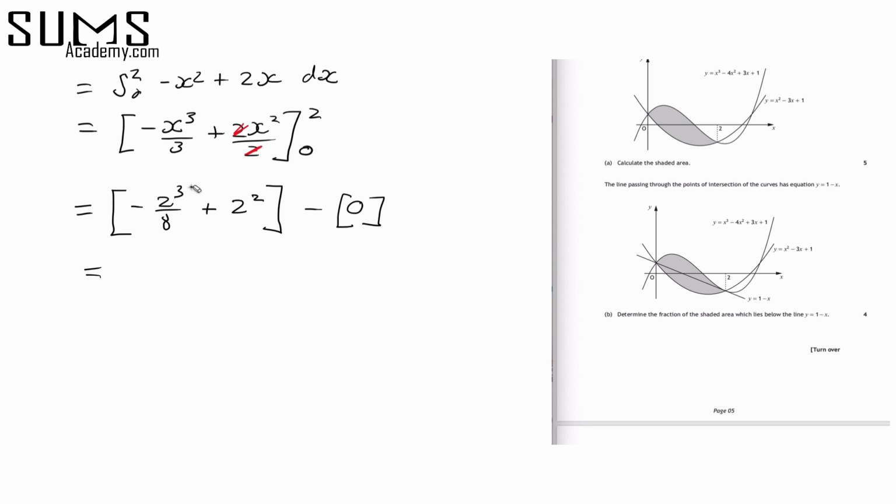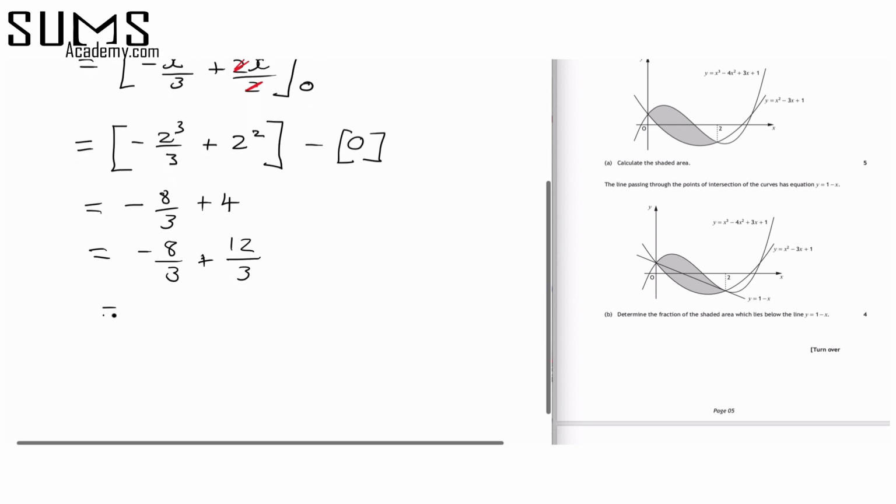Sorry, that should be a 3, just to make that clear. So this becomes minus 8 over 3 plus 4. So that, if you can work that out, is minus 8 over 3 plus 3 times 4, which is 12 over 3.